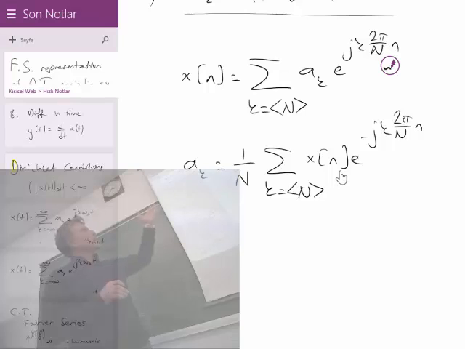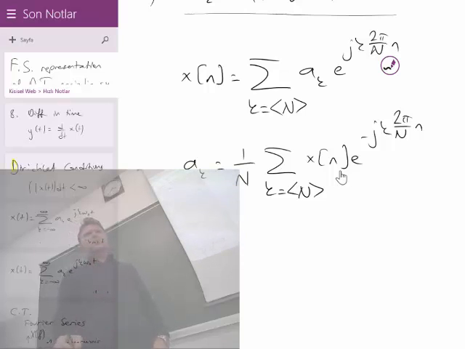Okay. In the representation itself, for the time domain, the top one, you have positive exponents e to the j k omega 0 n. For the representation of the frequency domain, AK, for example, it is e to the minus jk 2 pi over n.